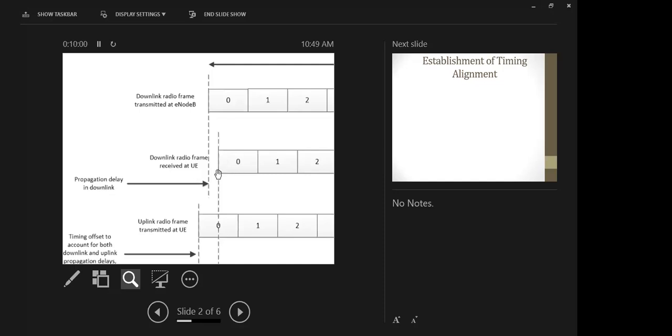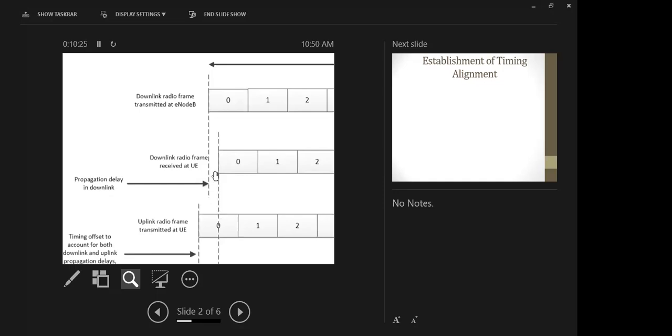Automatically you receive it a little later, and if you still use the same timing offset, the base station is going to come to know that you have gone further away.